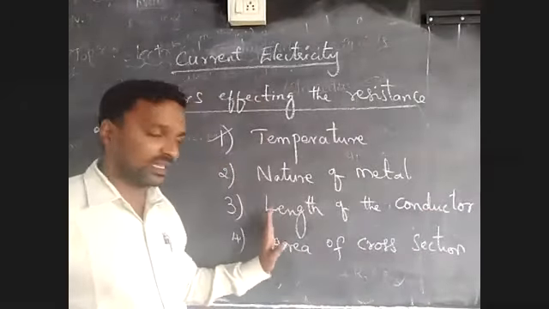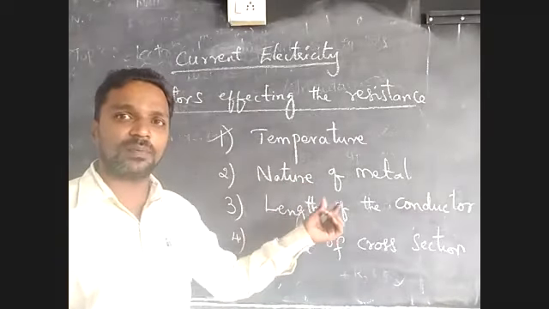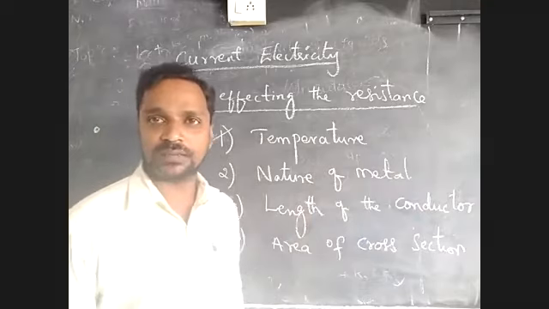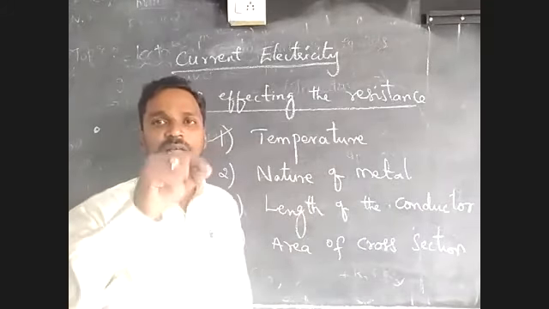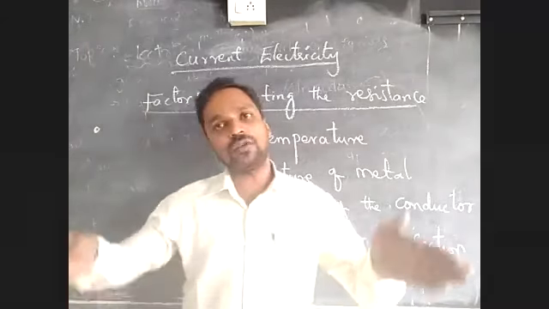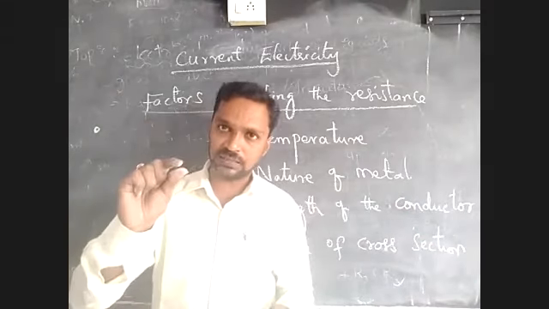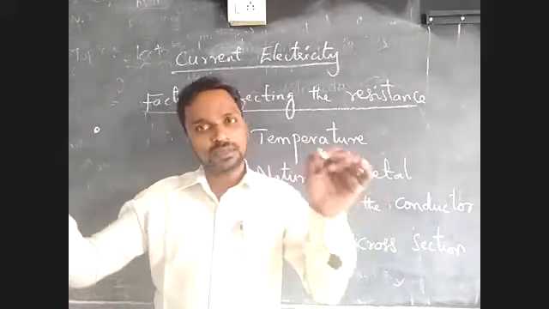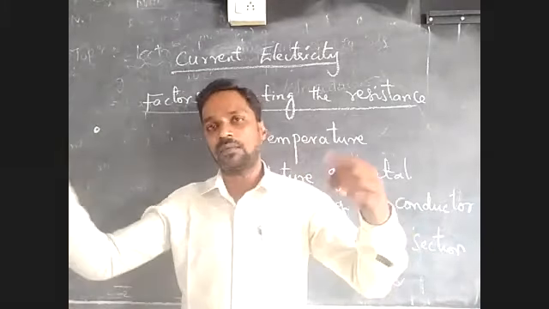Now, there is a statement saying like this. The length of a conductor is directly proportional to the electrical resistance. That means the resistance of a conductor is directly proportional to the length of the conductor. If you take 1 meter copper wire and 2 meter copper wire of the same area of cross section, same thickness, the 1 meter will have a certain amount of resistance and the 2 meter wire will have a certain amount of resistance.